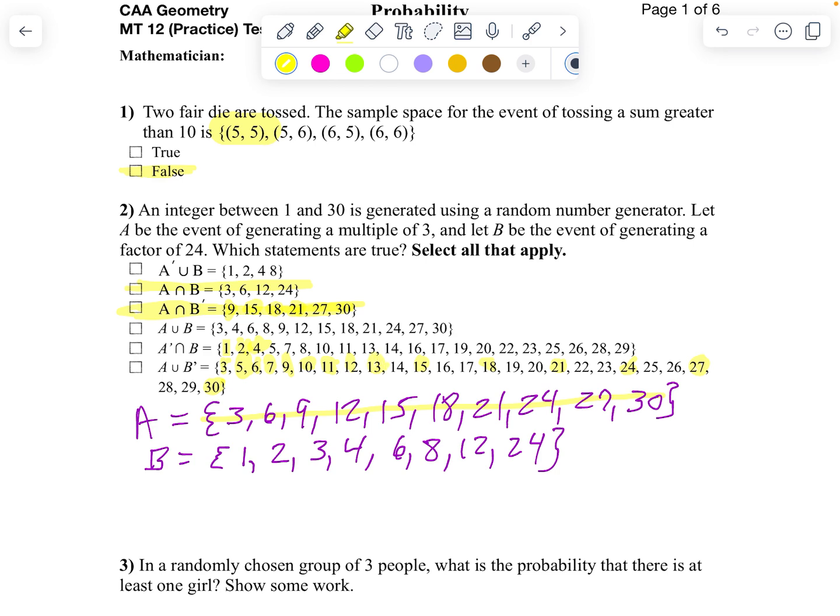And then anything beyond 24. Oh, that's all of them, isn't it? So we have 3 answers on that one. I should have A intersect B, A intersect the complement of B, and A union the complement of B.